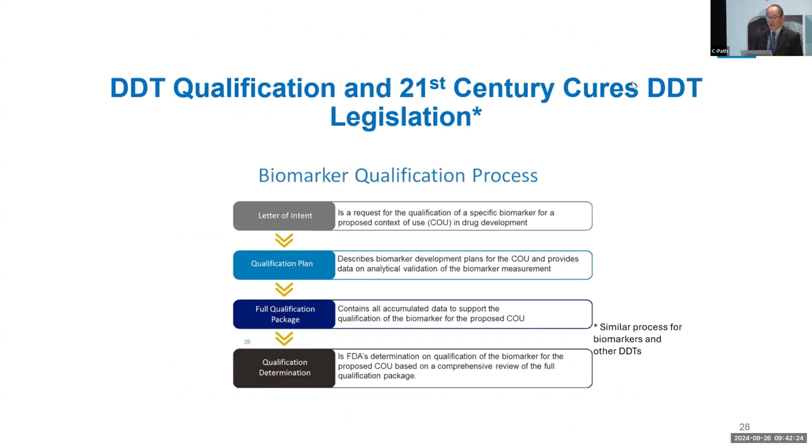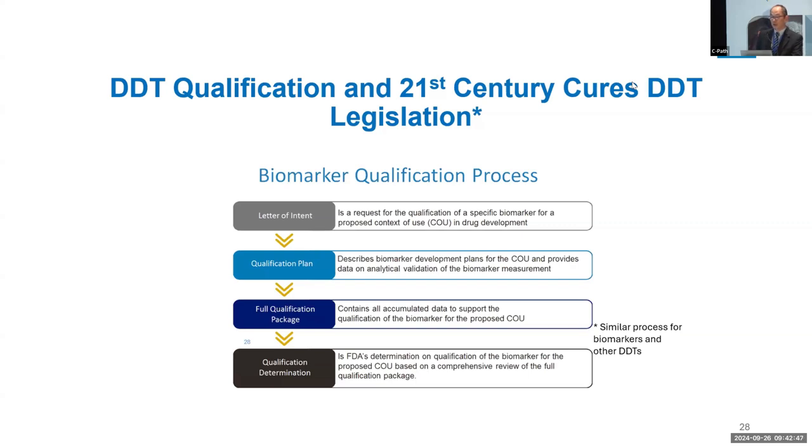DDT qualification is done through 21st Century Cures Act registration, and it has to go through a three-step process. The first step is the letter of intent. As I mentioned earlier, you could submit a preliminary inquiry through the pre-LOI stage.